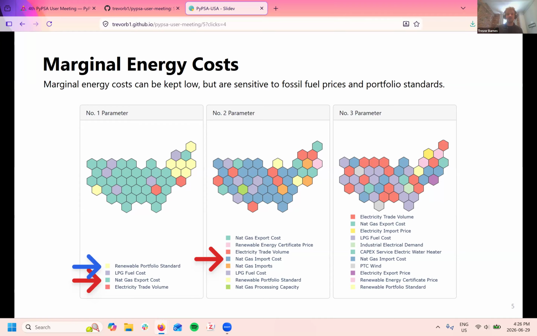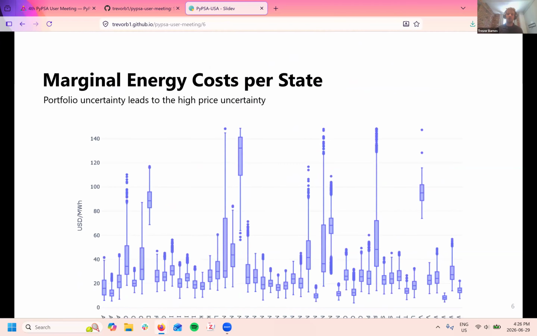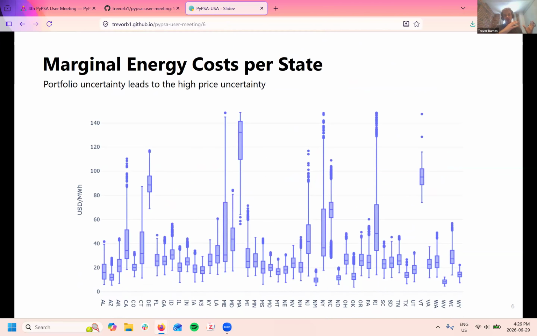Another interesting finding from this is the renewable portfolio standard, which is actually the most impactful parameter on marginal energy costs in 7 states. And I thought this was kind of interesting. If you go and explore this a little bit more in our uncertainty propagation stage, we can create these box and whisker plots.